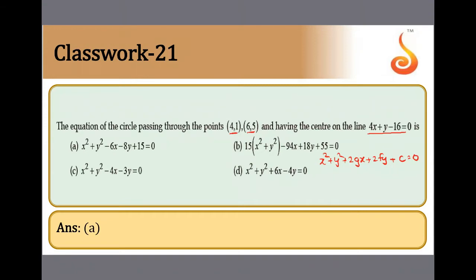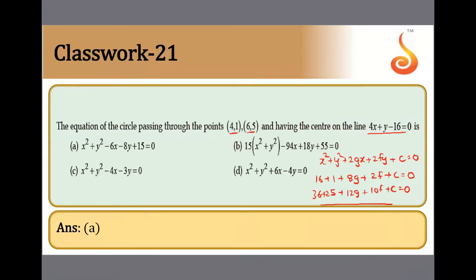It passes through (4, 1): 16 plus 1 plus 8g plus 2f plus c equal to 0. Similarly, (6, 5): 36 plus 25 plus 12g plus 10f plus c equal to 0.